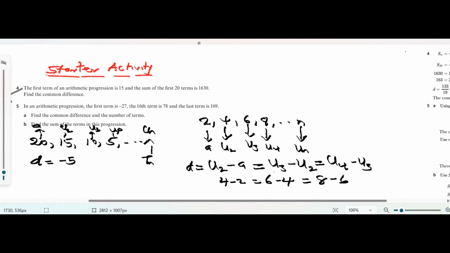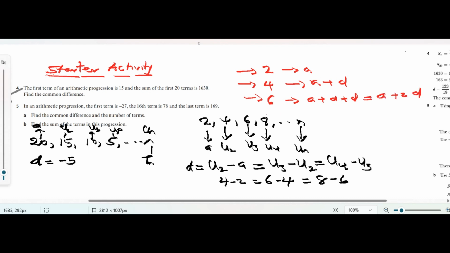So I can write each of the terms in this sequence as the first term, which is 2, and we call it A. The second term, which is 4, I can call A plus D. The next term, 6, will be A plus D plus D, which is A plus 2D. The fourth term, 8, will be A plus 3D.